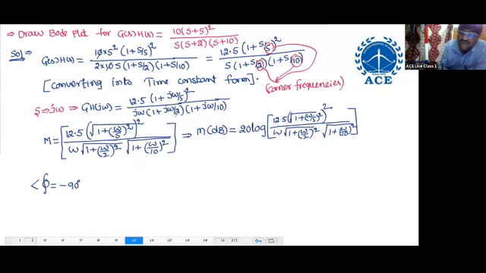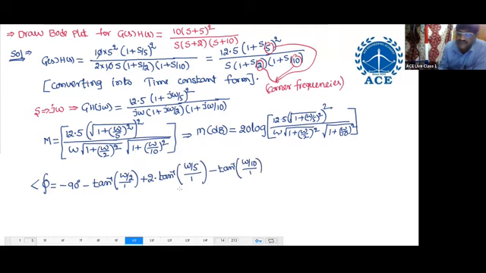Write for 1 plus j omega by 2. A pole means minus tan inverse of the imaginary part, which is omega by 2, over the real part 1. Next, for 1 plus j omega by 5, there are 2 zeros, so plus 2 times tan inverse of omega by 5. Now for 1 plus j omega by 10, minus tan inverse of omega by 10.